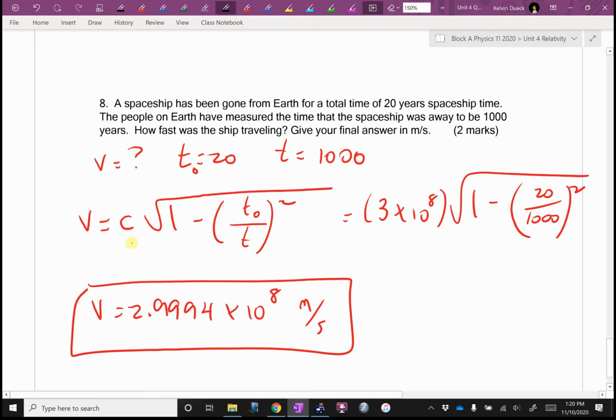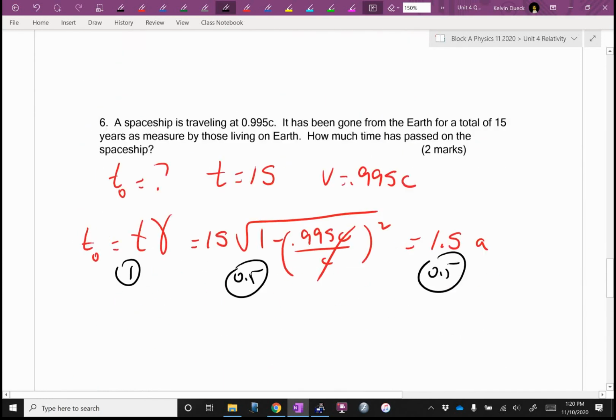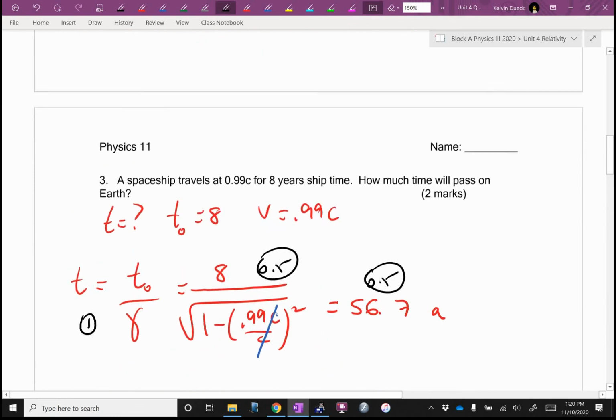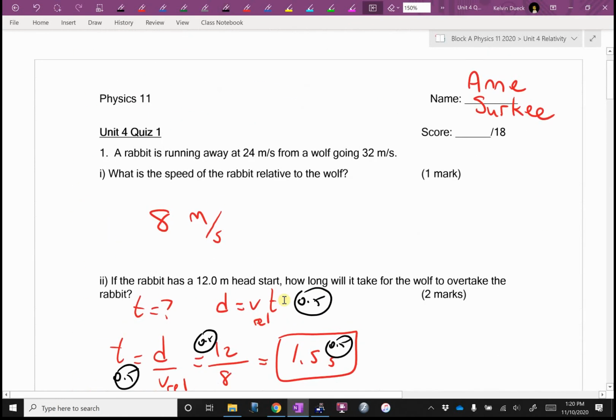For both of these, I would give you probably 1 mark for the equation, half mark for the numbers, half mark for the answers. Same here, by the way, 1 mark for the equation, half mark for the numbers, half mark for the answers. Can you give yourself a lovely score, please, out of 18? Yep.